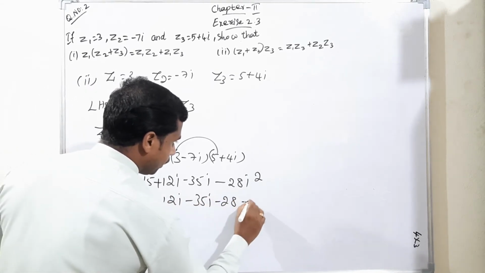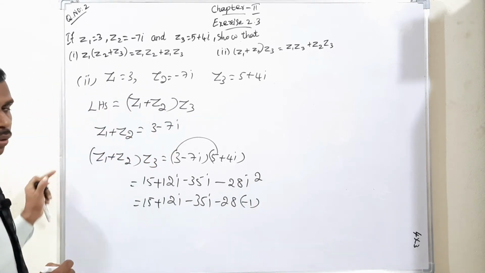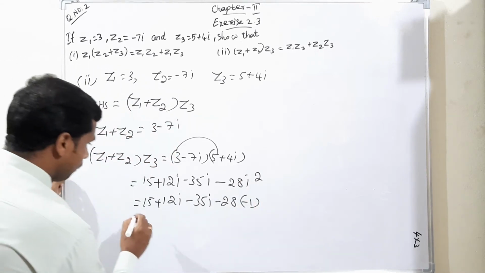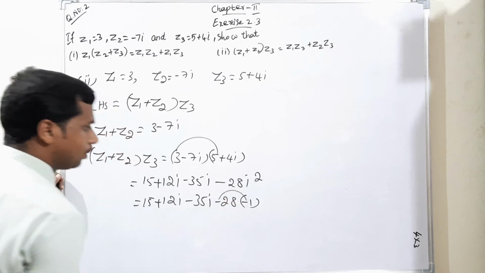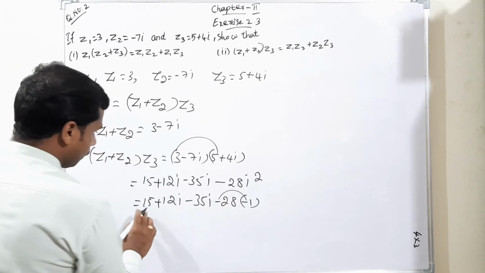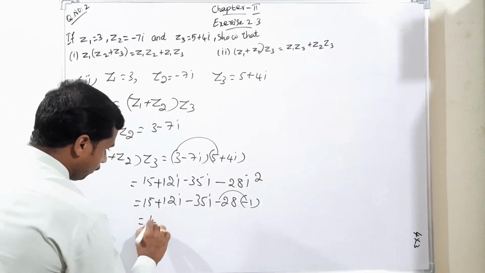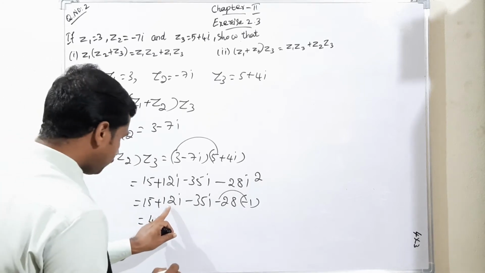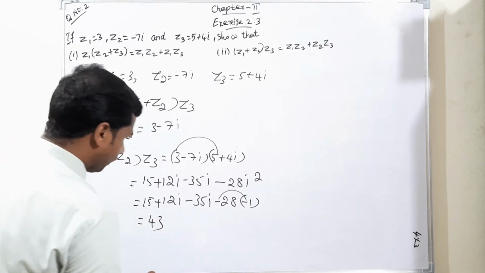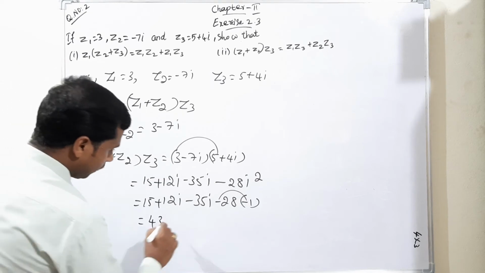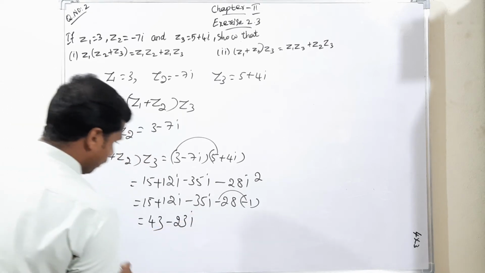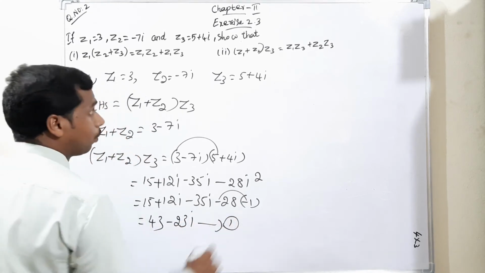So minus 28 into minus 1, because i square is equal to minus 1. So again, minus into minus is positive. So 28 plus 15, definitely 43. Again plus 12i minus 35i, so minus 23i. This is equation number 1.